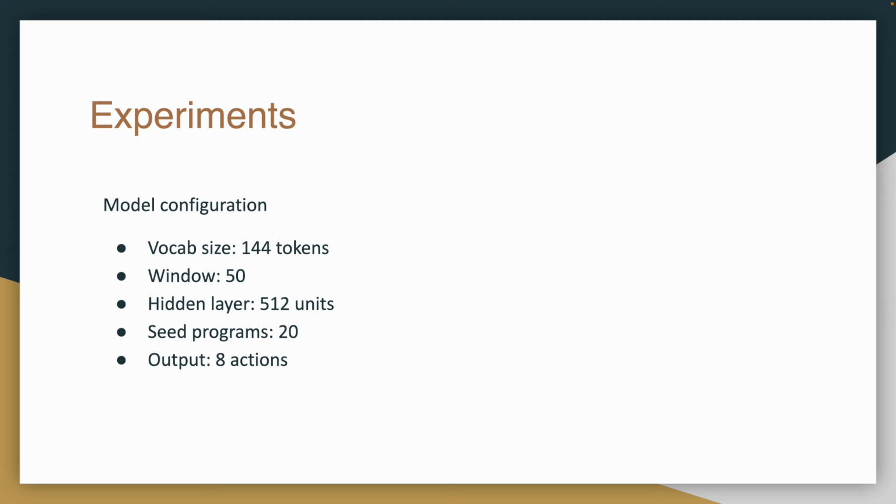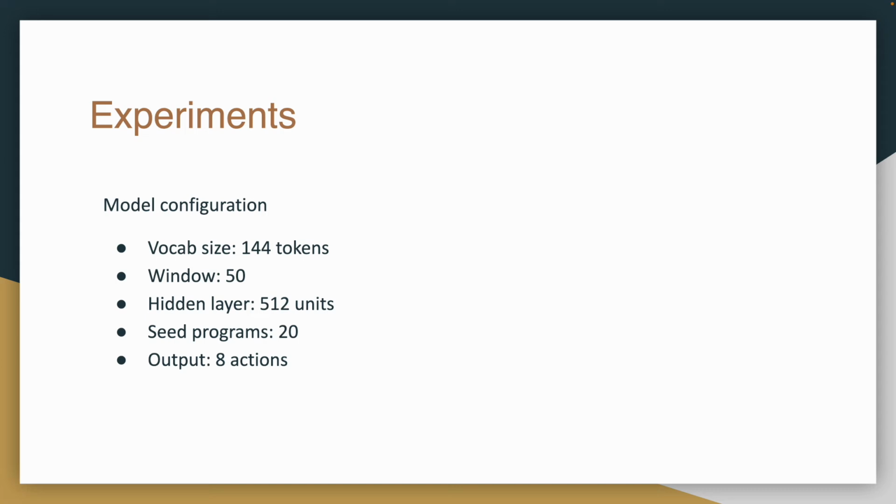We empirically set the window size to be 50. Our deep neural network model includes 2 hidden layers, each of them containing 512 units. And the output of the model is the 8 actions we designed before.